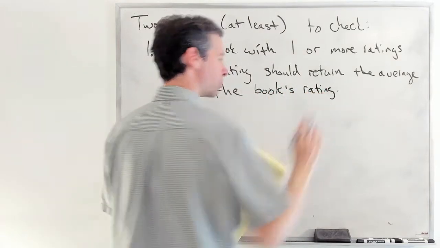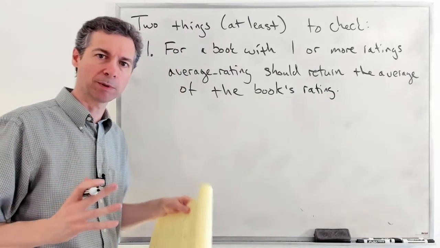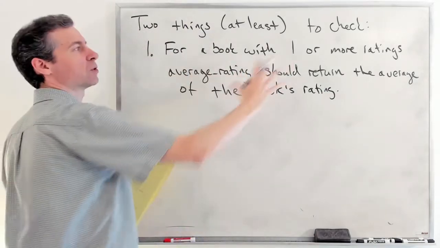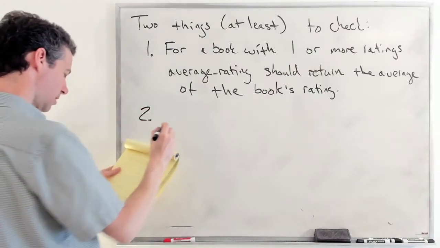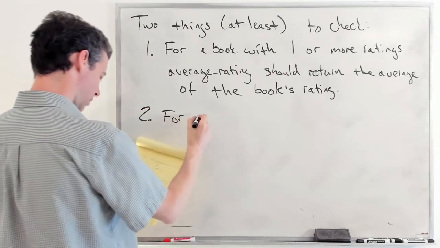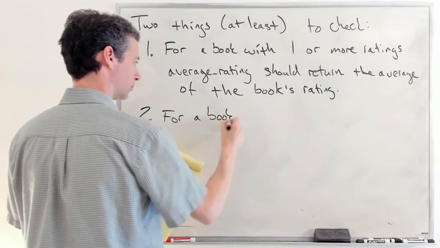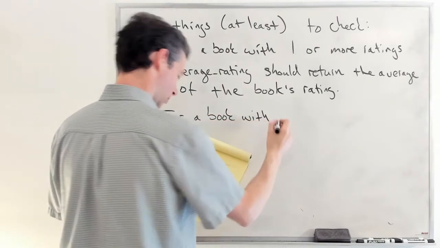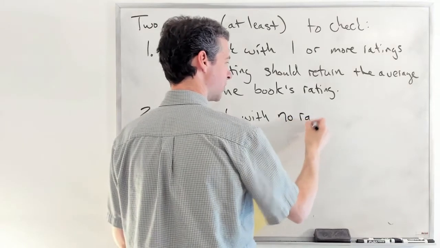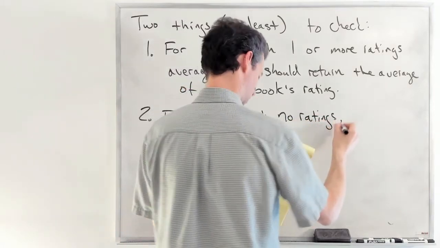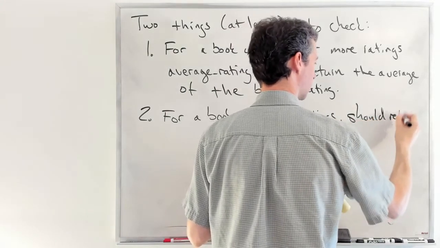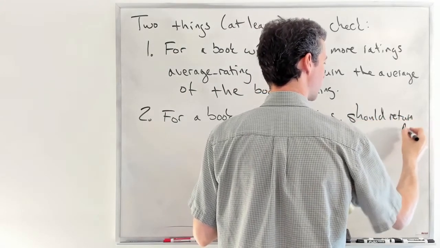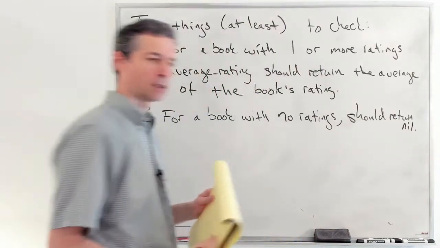So we're breaking that portion of the problem out, as that's clearly one thing that needs to be tested. And the second thing that is clear is that for a book with no ratings, which means 0 ratings, the method should return nil. That's something else we need to verify and check.